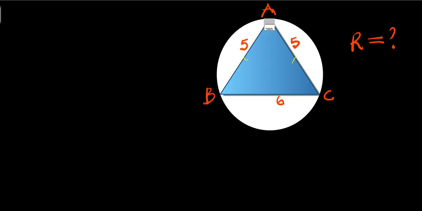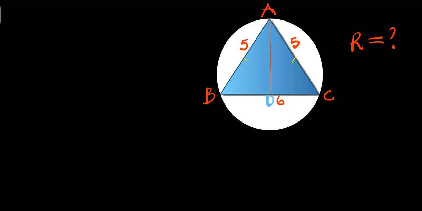So let's draw a straight line right here that splits the triangle into two parts. And right now, we can label this point here. This can be our point D.